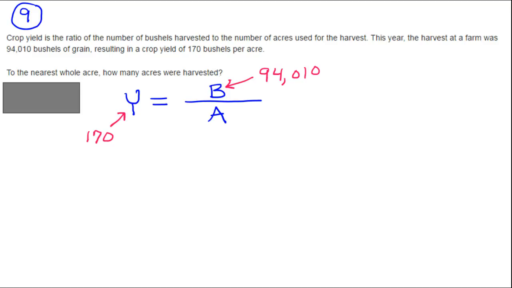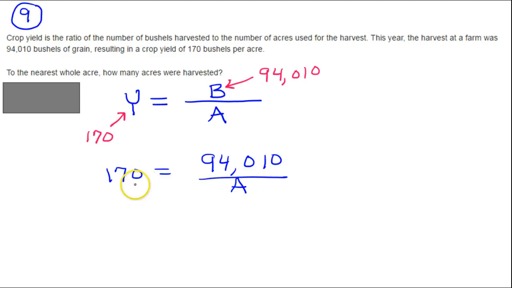Substituting those values in, that gives us 170 is equal to 94,010 divided by the number of acres. To the nearest whole acre, how many acres were harvested? So we're being asked to solve for this. Let me just mention the shortcut, and then I'll do it the long way.